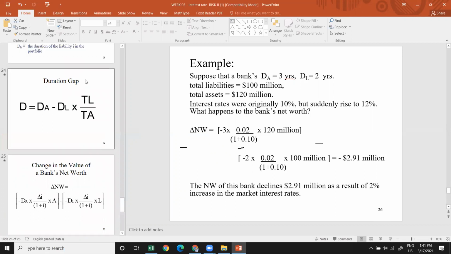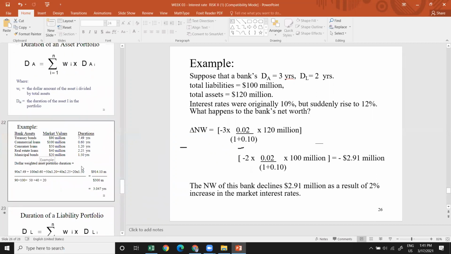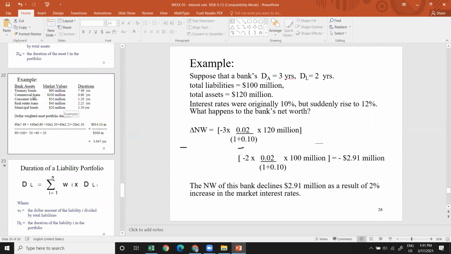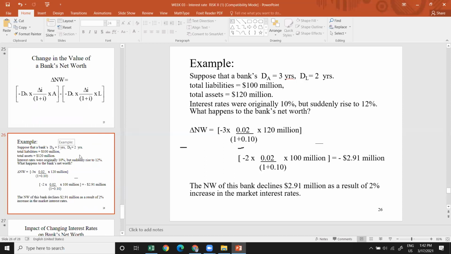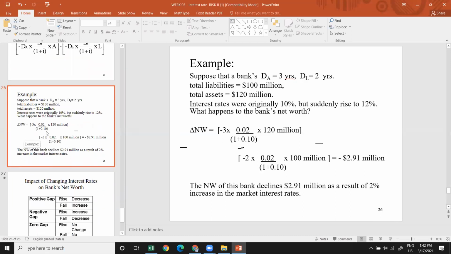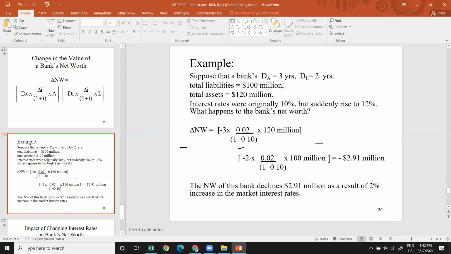You're using this formula, sorry, the duration of liabilities, duration of assets or portfolio. But first of all, you estimate each asset separately, then you estimate the dollar weighted asset portfolio duration in this way, in order at the end of the day to estimate the change in net worth. We just substitute and we get here.